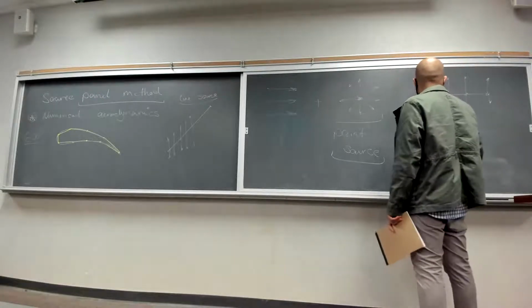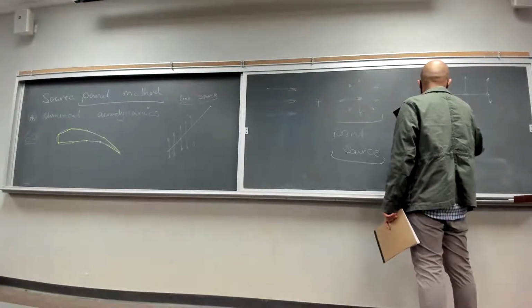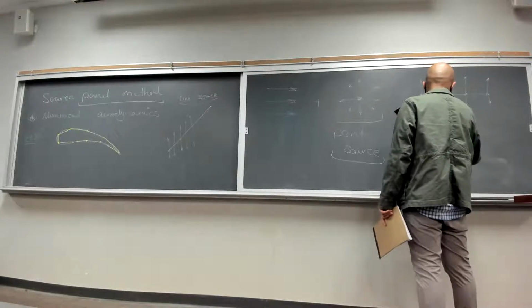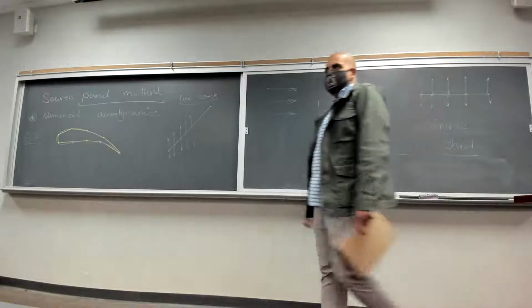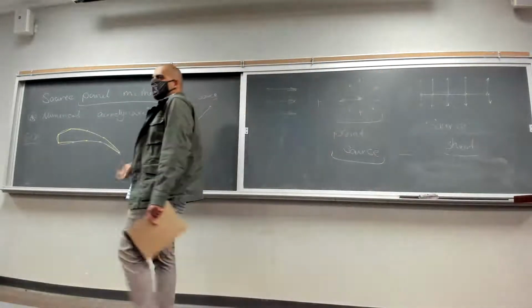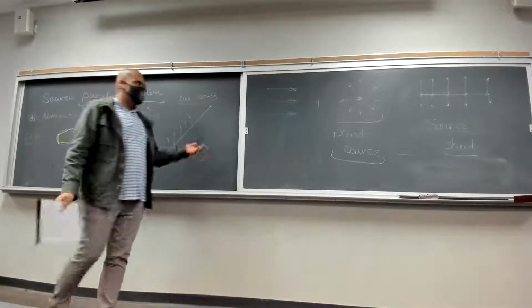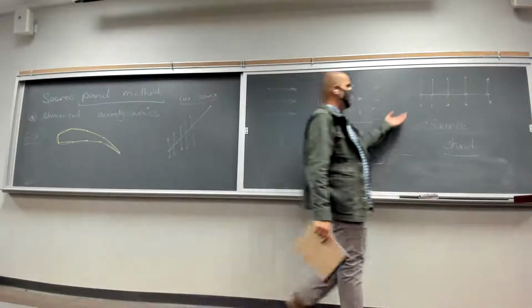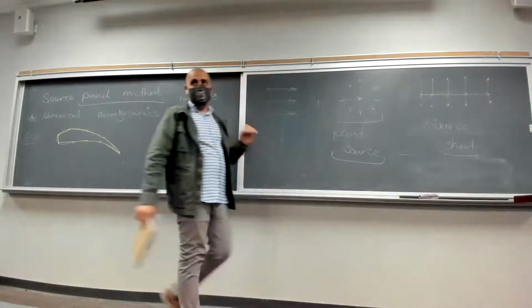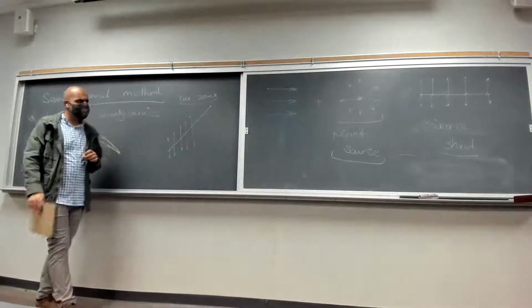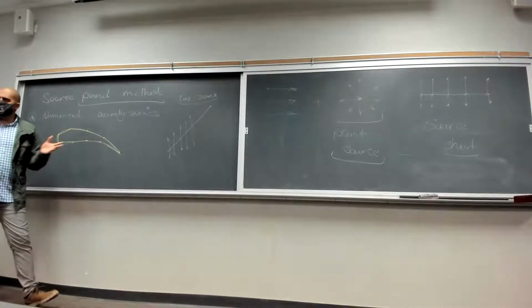We are going to have something called a source sheet. This refers to the fact that this sheet is made up of a lot of line sources. Does this make sense?